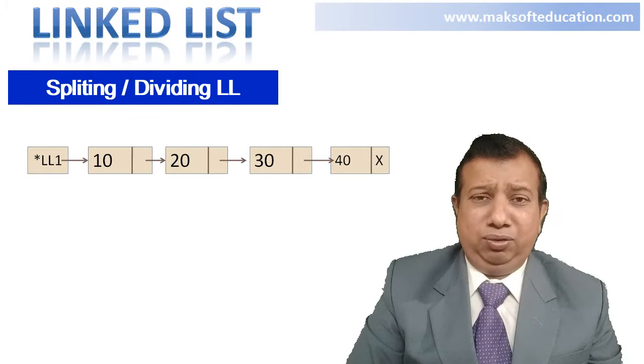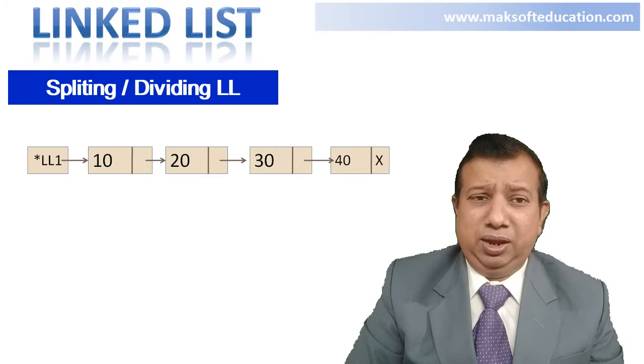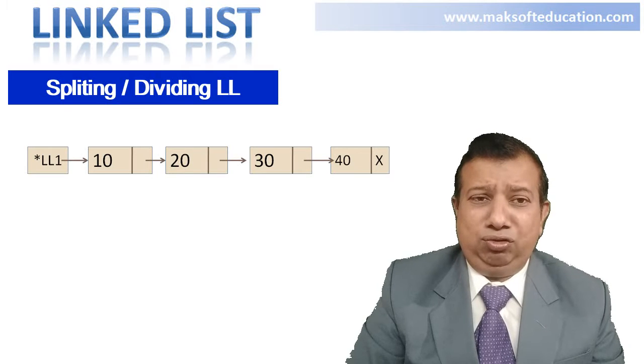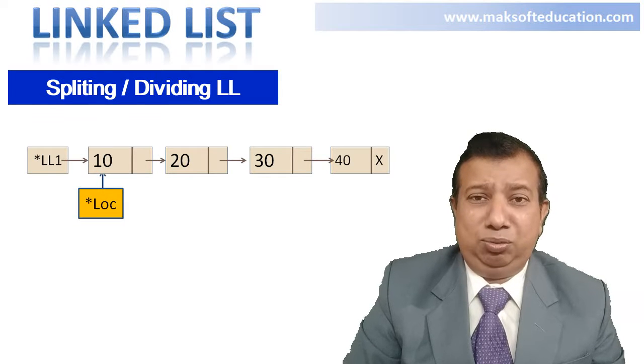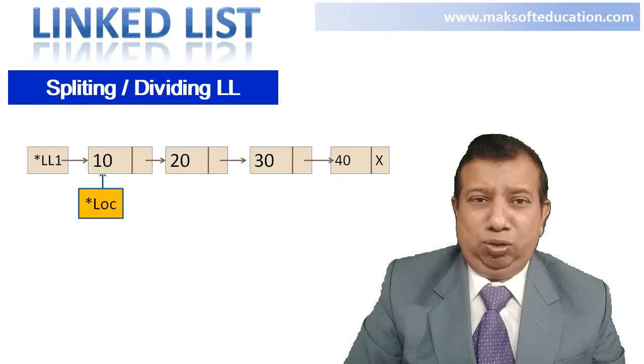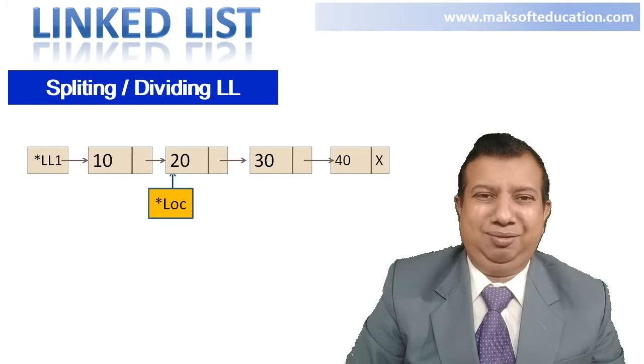For this purpose, what can we do? Just take another variable, LOC, start from the first node, and compare the value, moving your LOC to the expected last node according to the data to be searched. So suppose you are searching for the value 30, then move your LOC until you get 30 in the data section.